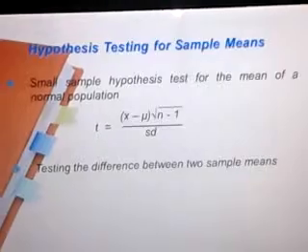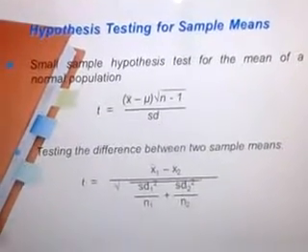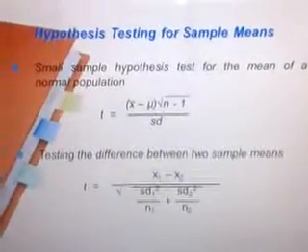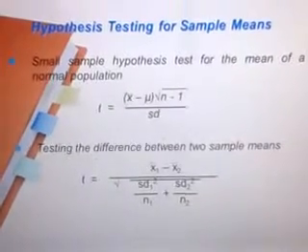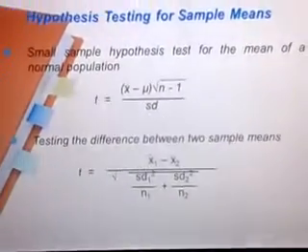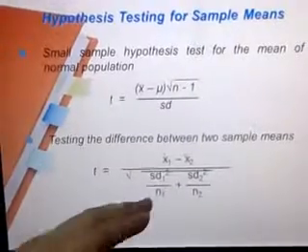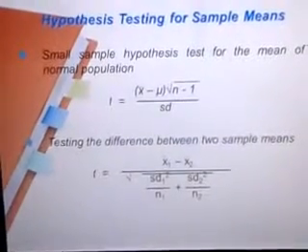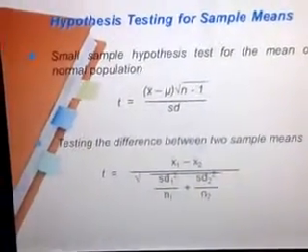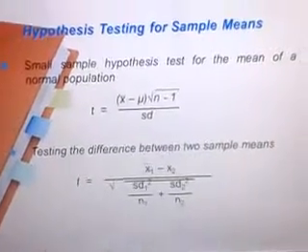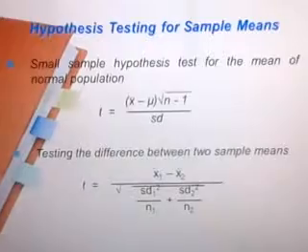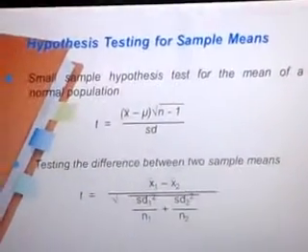Testing the difference between two sample means, here is the formula: T is equal to mean 1 minus mean 2 divided by the square root of standard deviation 1 squared over n1 plus standard deviation 2 squared divided by n2.